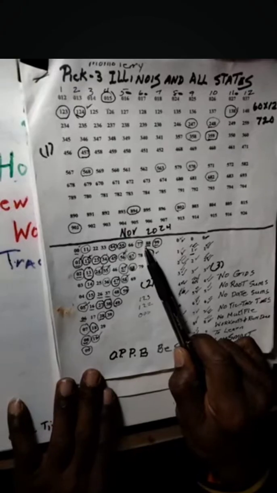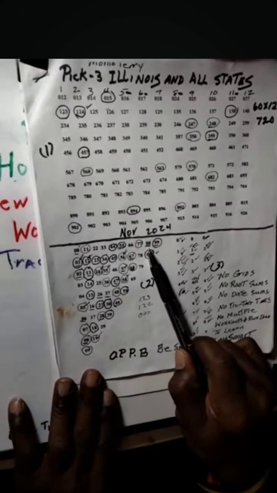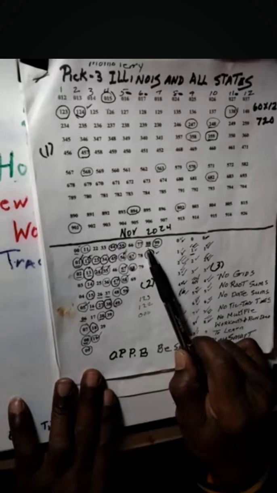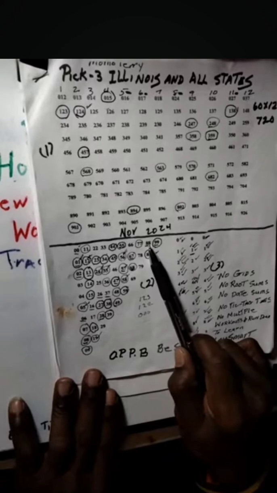And the last time it fell on the back was January the 6th of this year. You see how long that's been? This is what I mean by collecting your data and being able to think logically on why you're playing your numbers.